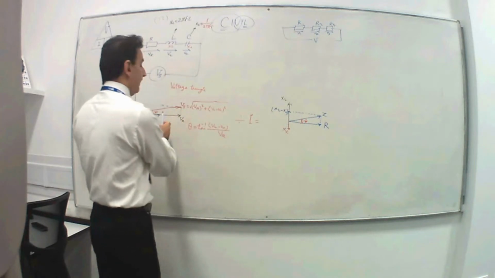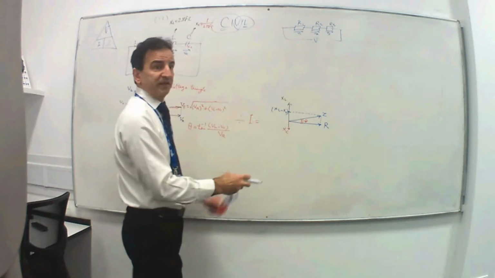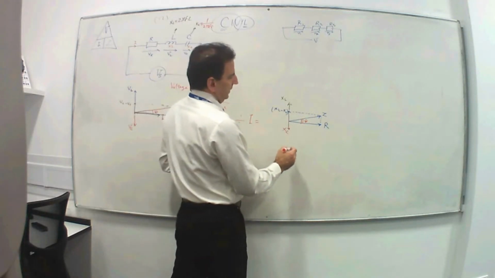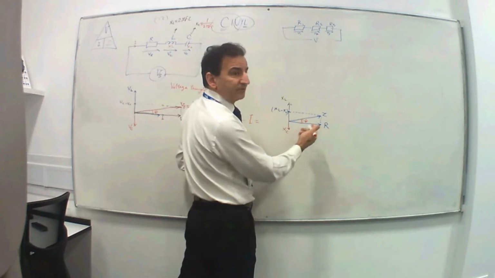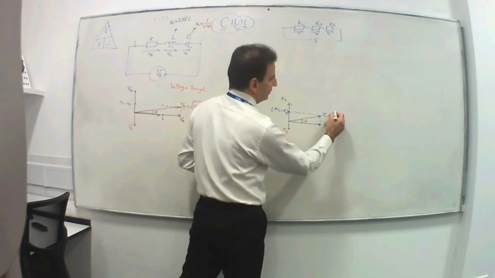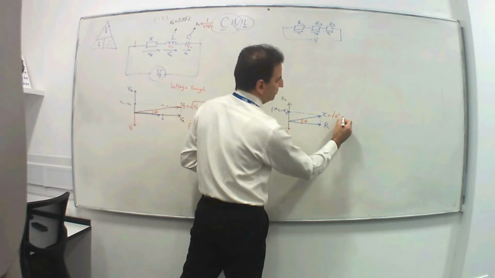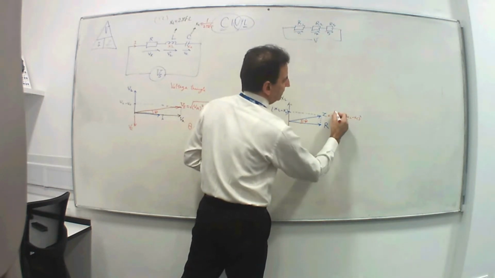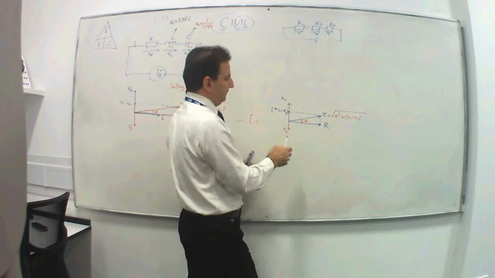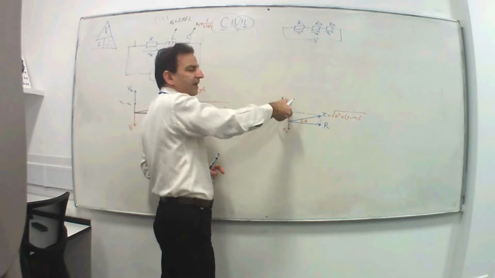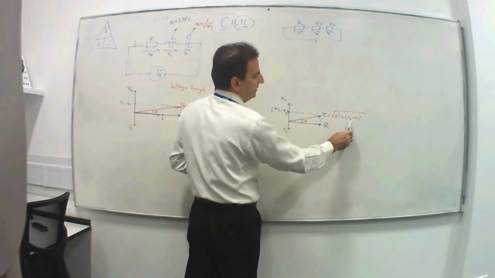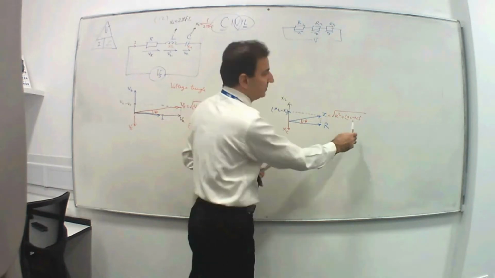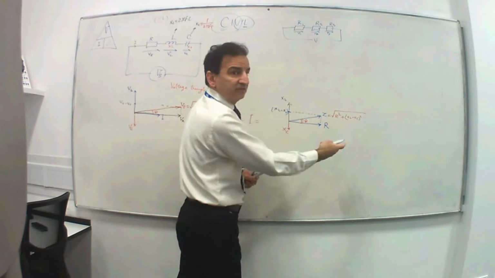Whether you find it in here or there, it should give you the same phase angle, with the same value. And again, you use Pythagoras to find Z: the square root of R squared plus XL minus XC squared. Now, if you happen to have XC bigger than XL, and you said XL minus XC or XC minus XL, it won't make any difference, because when you square it, it'll be positive.